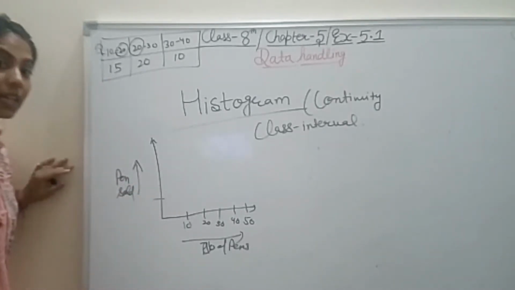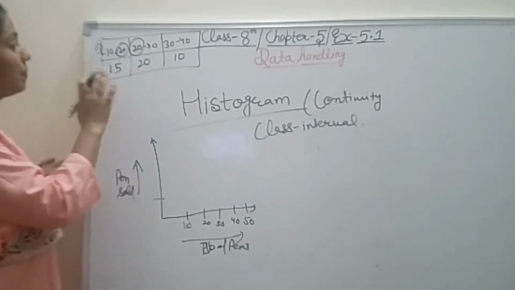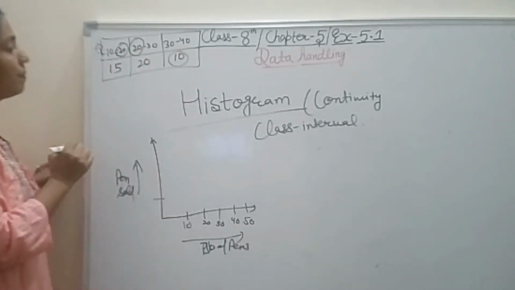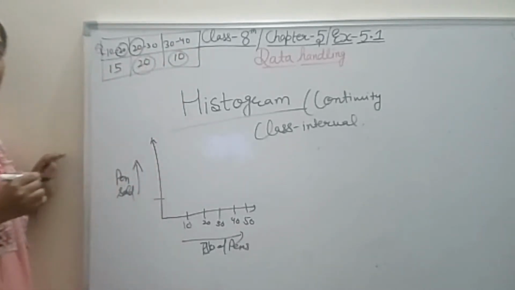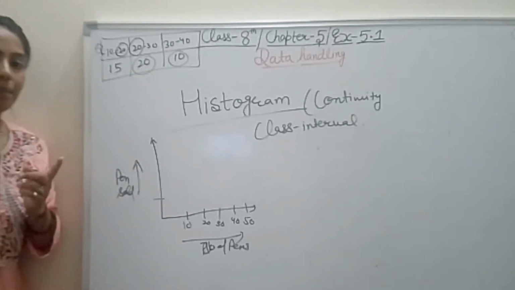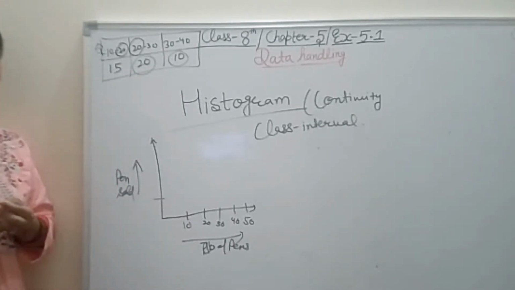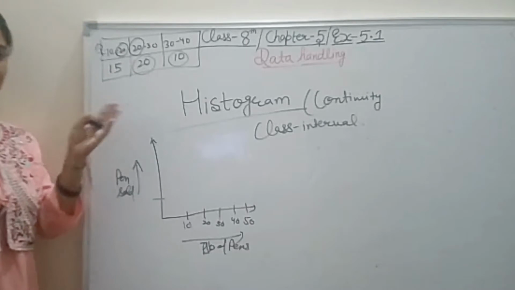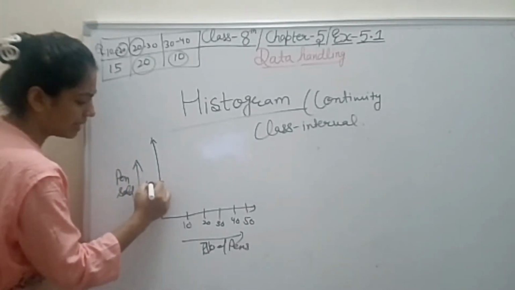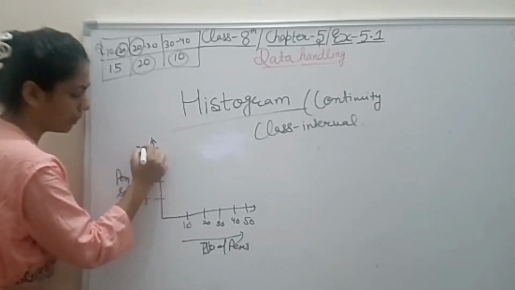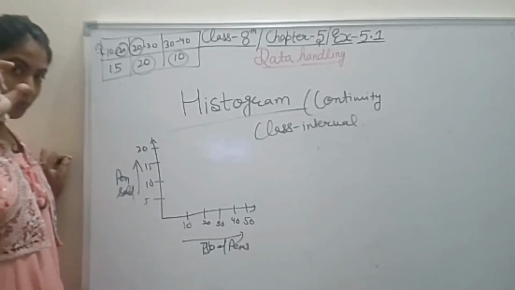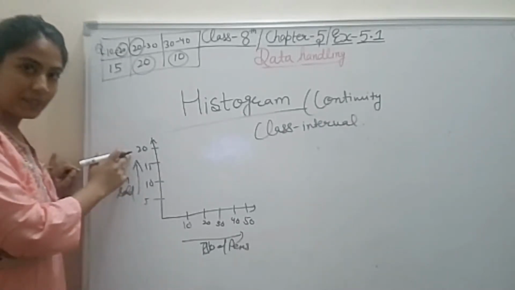The minimum number we have is 10 and the maximum number we have is 20, right? If I take a 10-10 gap, then also it is fine. If I take a 5-5 gap, then also it is fine. If I take 5, 10, 15 and then 20, the gap should be the same, student, right? Fine.